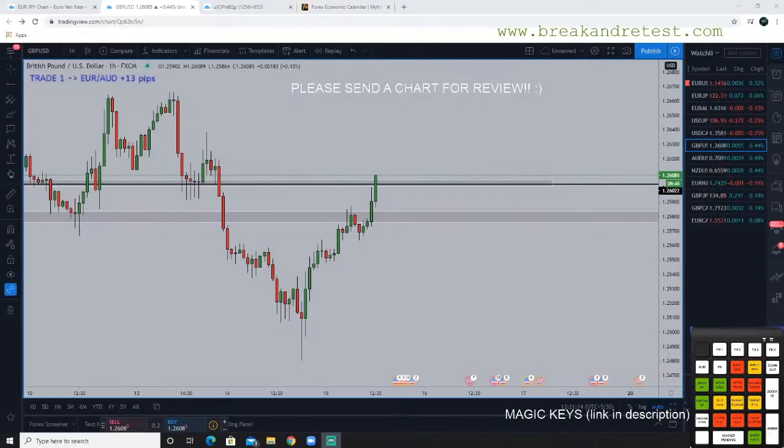GBP USD is gonna give us a nice setup. Let's just wait and see. It's gonna be a good setup. 10 minutes left for the breakout, for the candle close.